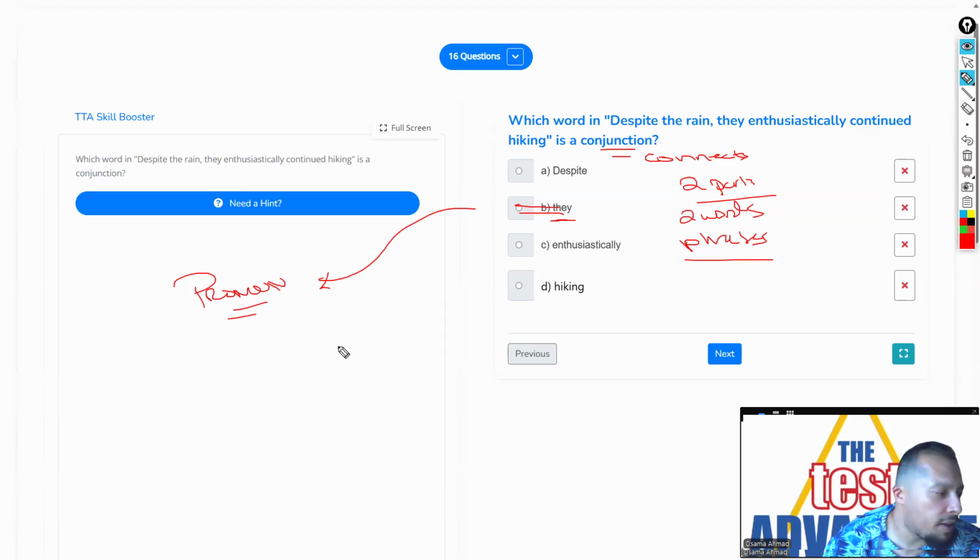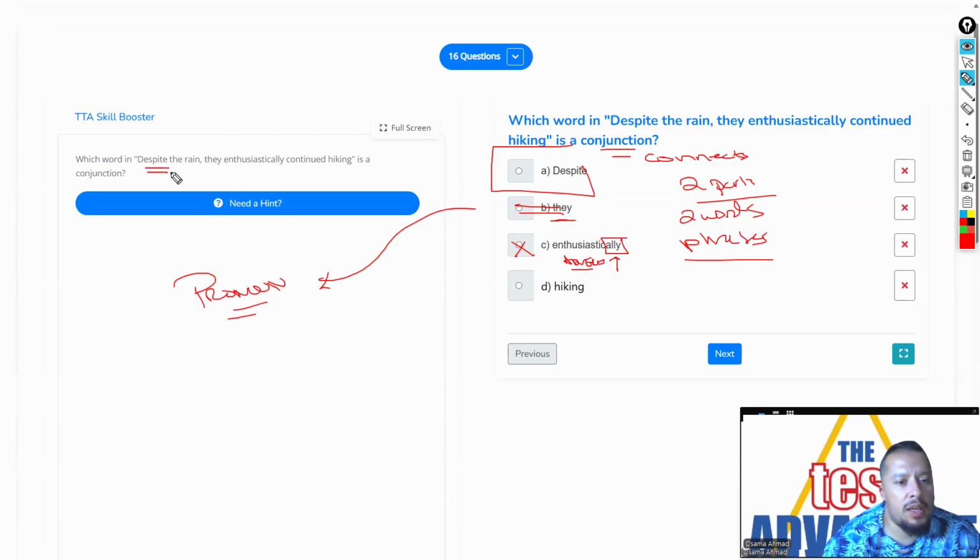So where do you think the conjunction is? Enthusiastically, adverb, right? No, it will be answer A, despite. So here, despite the rain, there's a conjunction that connects this idea with that idea.